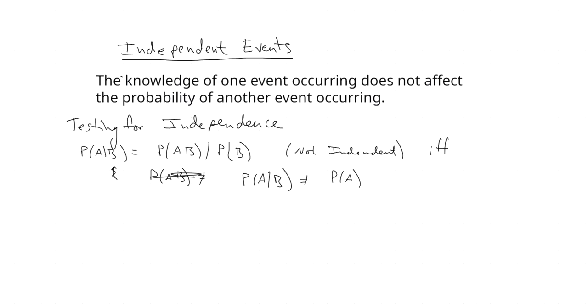What's the probability of A given that B occurs? If it's not the probability of A, then we know they're not independent. They should influence each other.